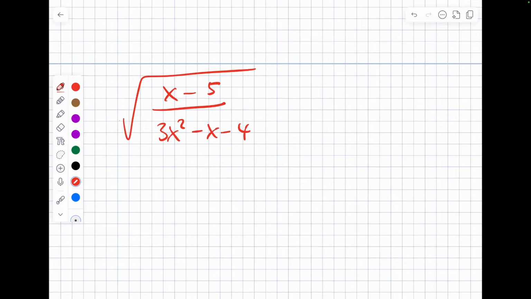Yeah, this one's a lot better. The bottom is definitely factorable.